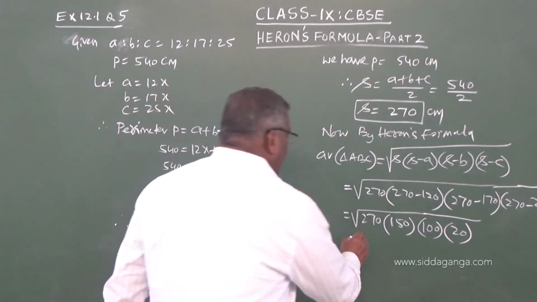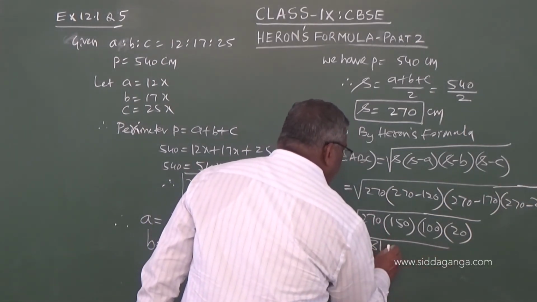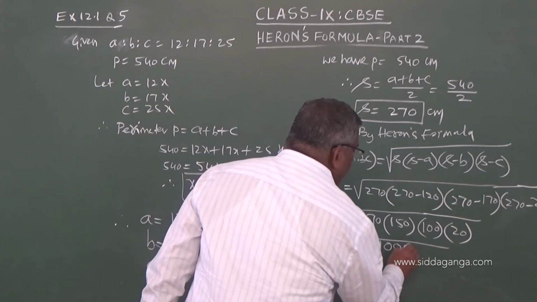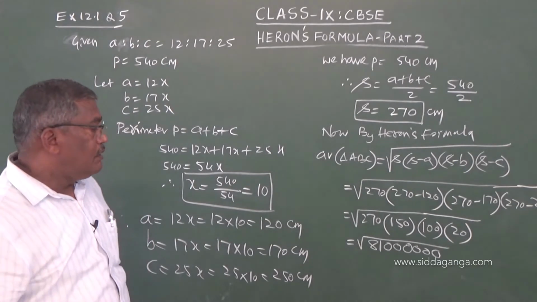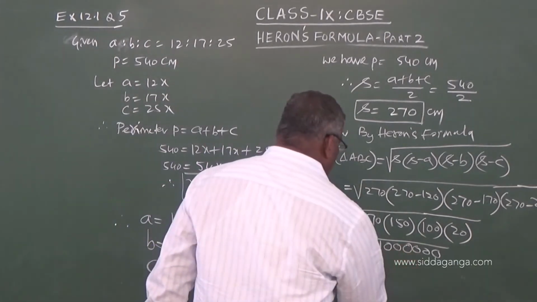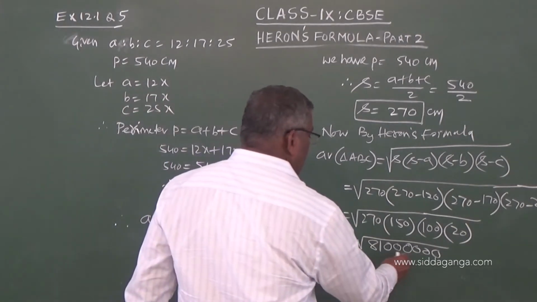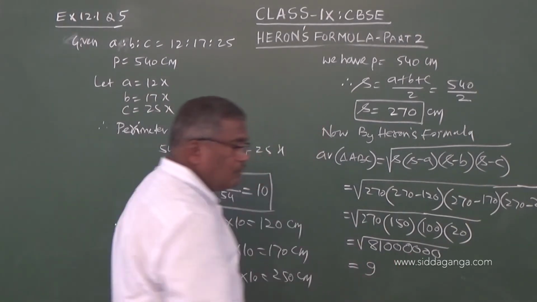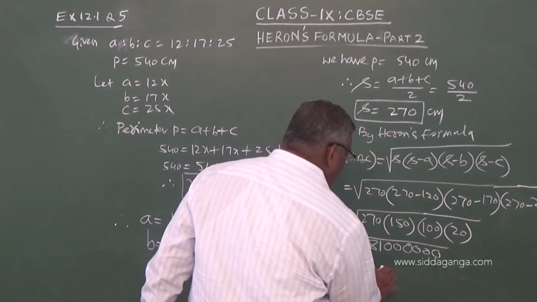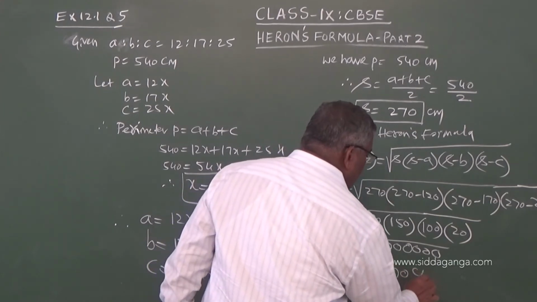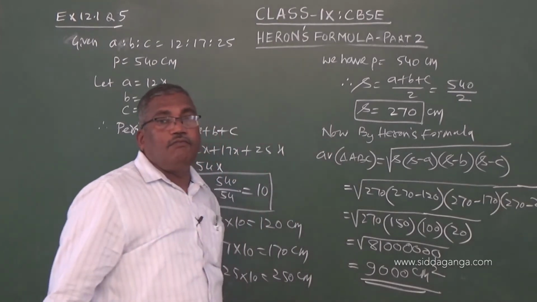Now this will be square root of 81 followed by 6 zeros. If you find the square root, it will be 9,000 centimeter square. This is the area.